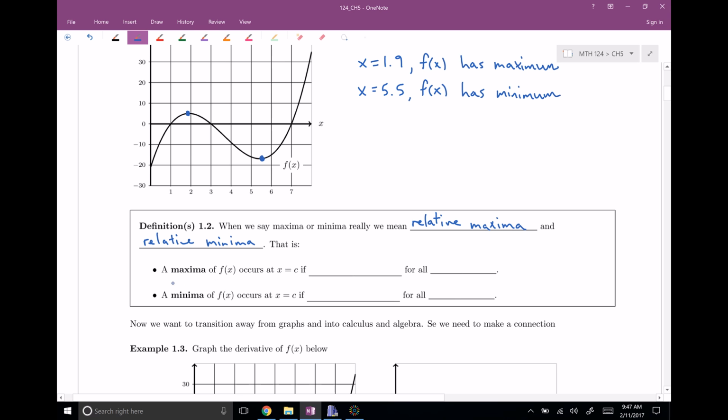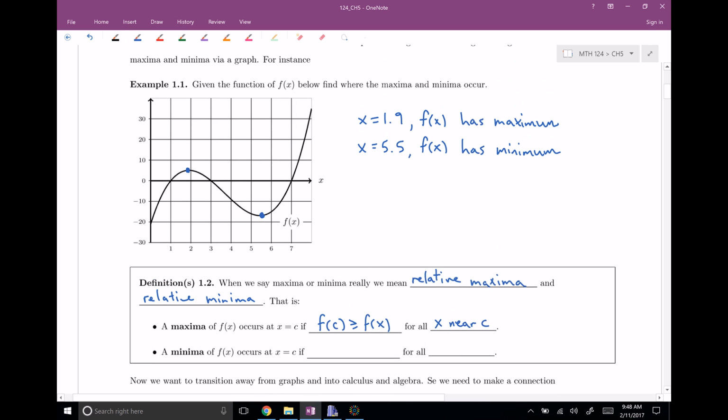That is, we say a maxima of f of x occurs at x equals c if the function's value at c is greater than or equal to the function's value for all x near c. So in this case, our maximum was up here at 1.9. So this is the term relative maxima.